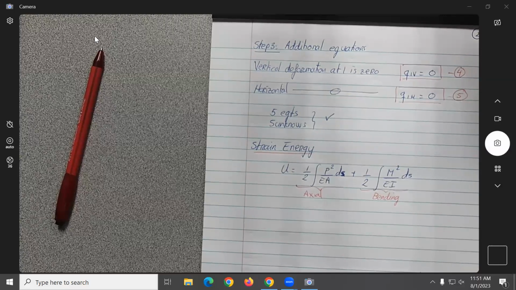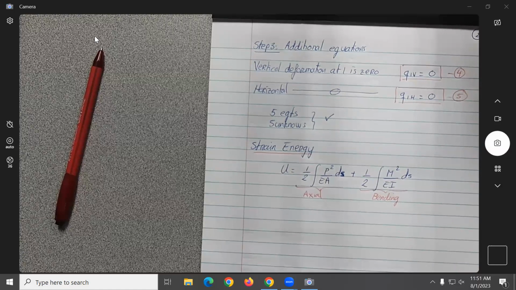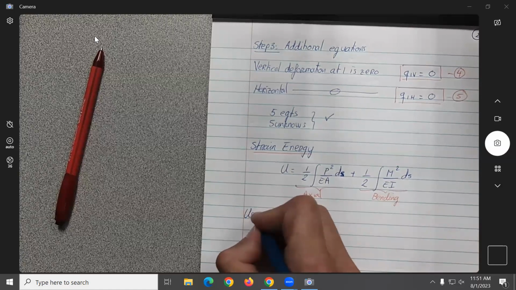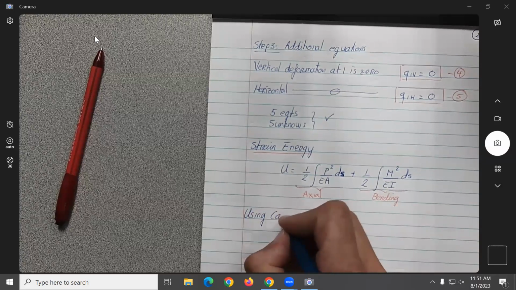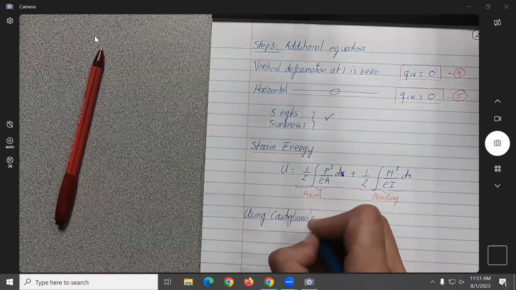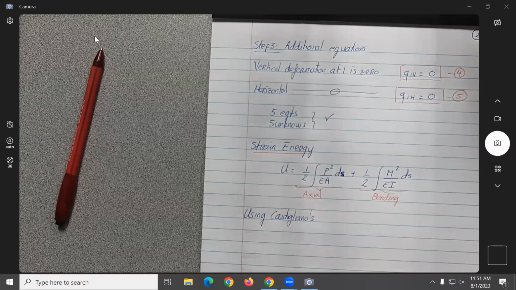Okay? Now, the deformation will be obtained using what? What did we use yesterday? Castigliano's, no? What did Castigliano say? That the deformation at one point is equal to the partial derivative of the strain energy with respect to a force that needs to be applied at that location as well.